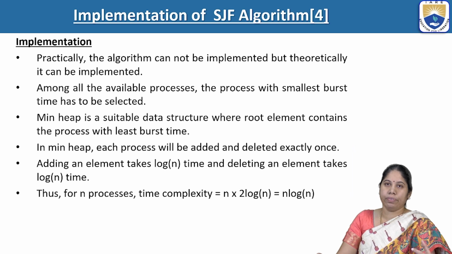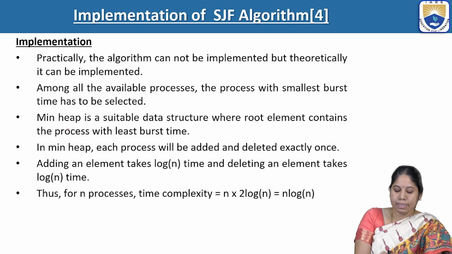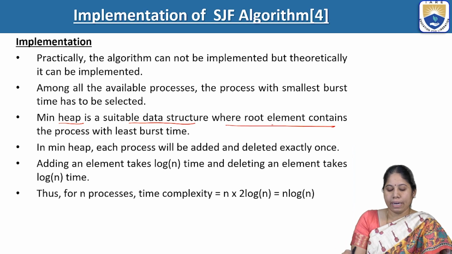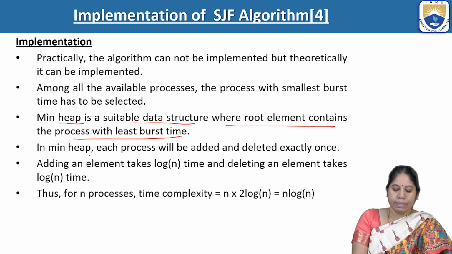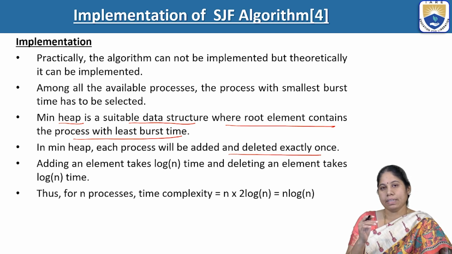Now, how are we going to implement this SJF algorithm? For this, the heap data structure will be very helpful. A min heap is a suitable data structure, where the root element contains the process with the least burst time. In a min heap, each process will be added and deleted exactly once. So what is the time complexity? You may have studied the heap data structure in data structures.